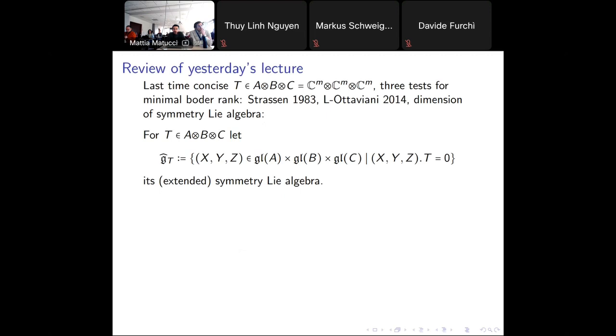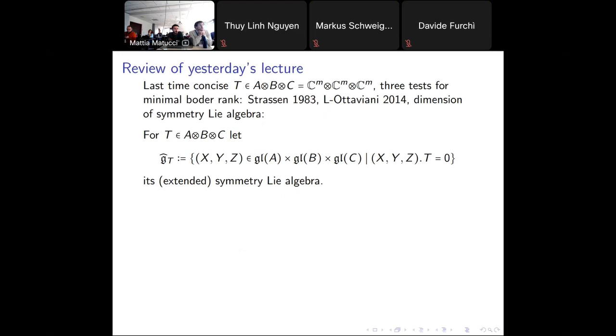Those are the changes of bases that do nothing to your tensor. And if you take a random tensor, it will have essentially a trivial symmetry group. But if you have a very special tensor, it will have a non-zero symmetry group.